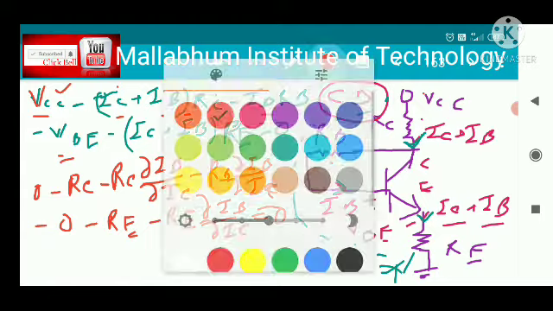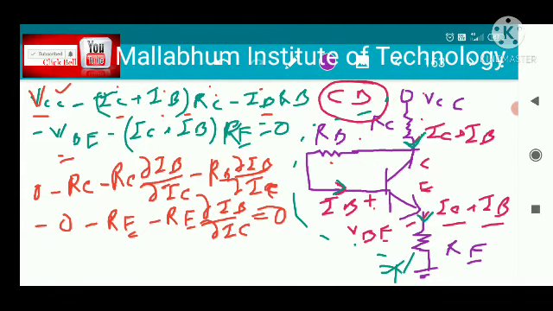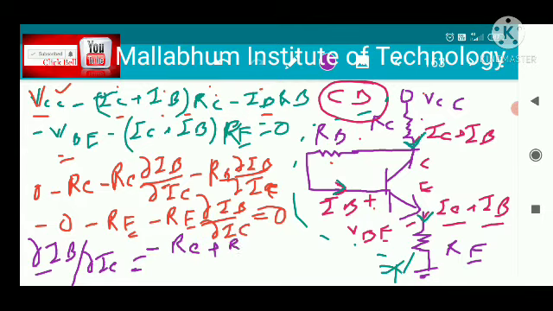Now our aim is to find del IB by del IC. So just simplify this equation.